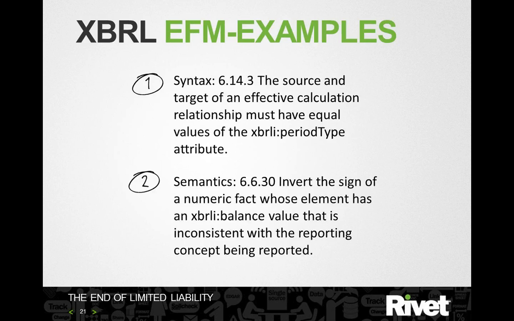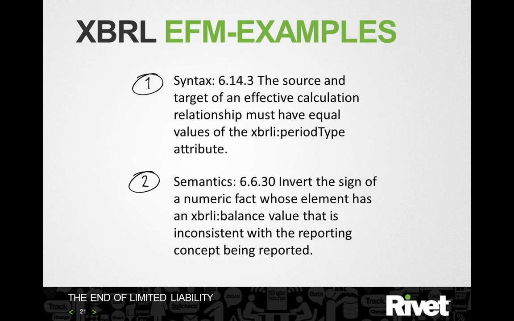The next one is semantics, which is 6.3.30, which is: invert the sign of a numeric fact whose element has an XBRL balance value that is inconsistent with the reporting concept being reported. And so this is important, and a lot of times it takes some human input.